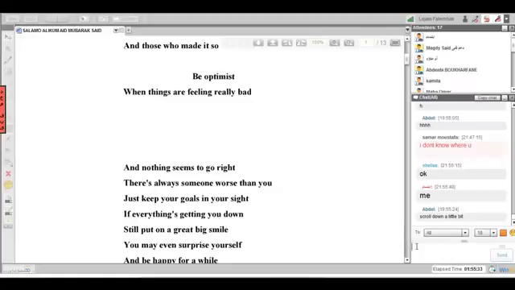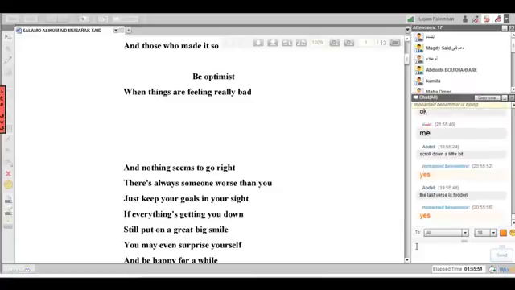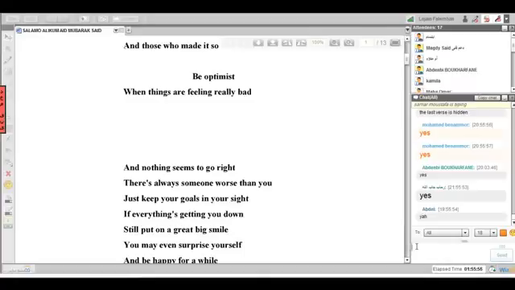Be optimist. When things are feeling really bad, you hear me? Okay. Be optimist. When things are feeling really bad and nothing seems to go right, there's always someone worse than you.